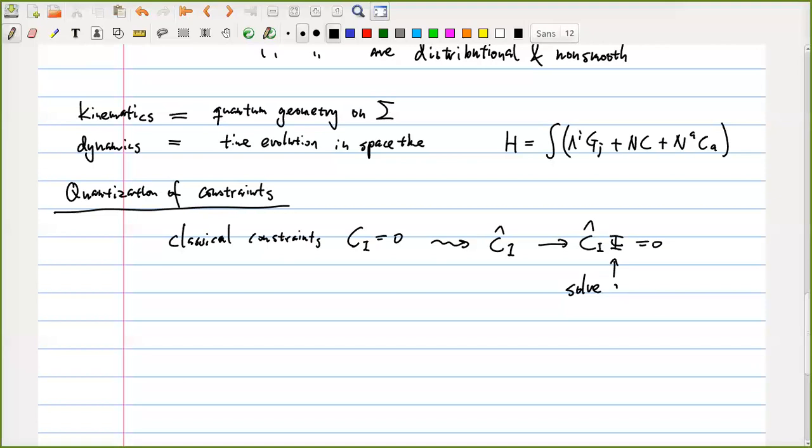The solution space of psi is usually called the physical Hilbert space.